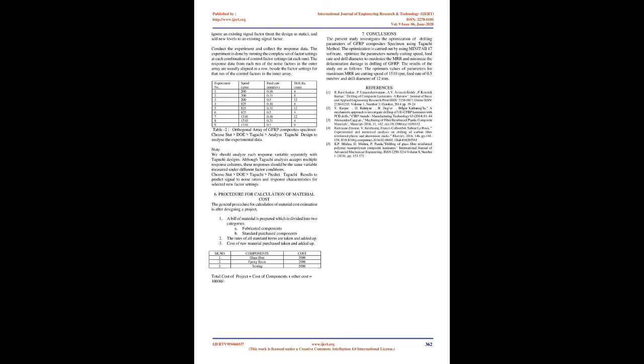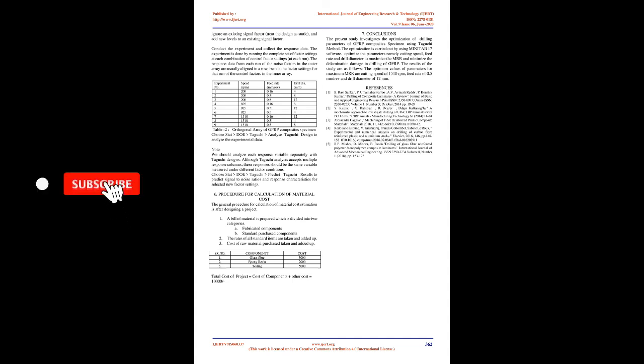Choose Stat > DOE > Taguchi > Display Design to change the units, coded or uncoded, in which Minitab expresses the factors in the worksheet. Choose Stat > DOE > Taguchi > Modify Design to rename the factors, change the factor levels, add a signal factor to a static design, ignore an existing signal factor, treat the design as static, and add new levels to an existing signal factor.